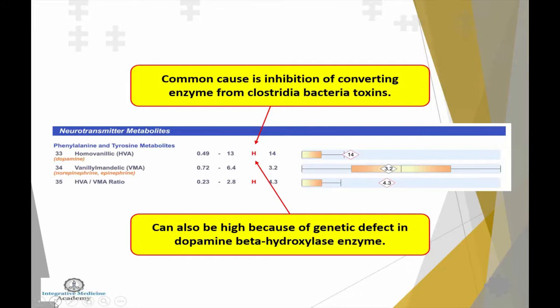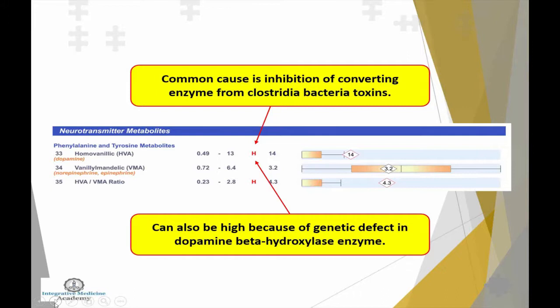The one thing when you look and you find HVA high, look back under the Clostridia section to see if any of those Clostridia markers are elevated. If they are, that's likely why the dopamine is high. If they're not, then you're likely dealing with somebody who has a genetic defect in the dopamine beta hydroxylase enzyme.